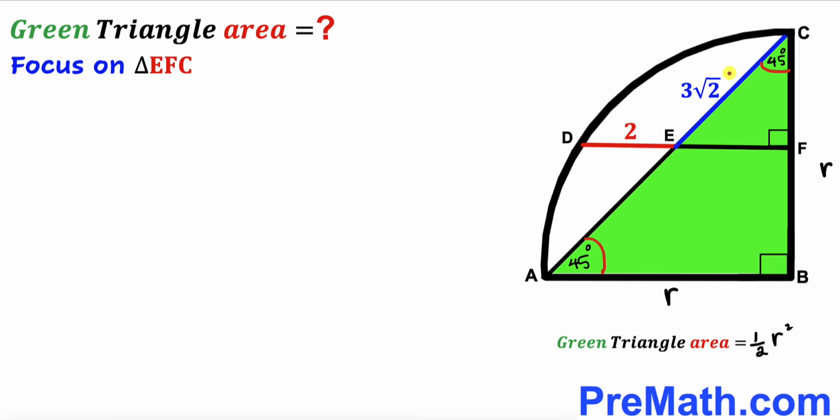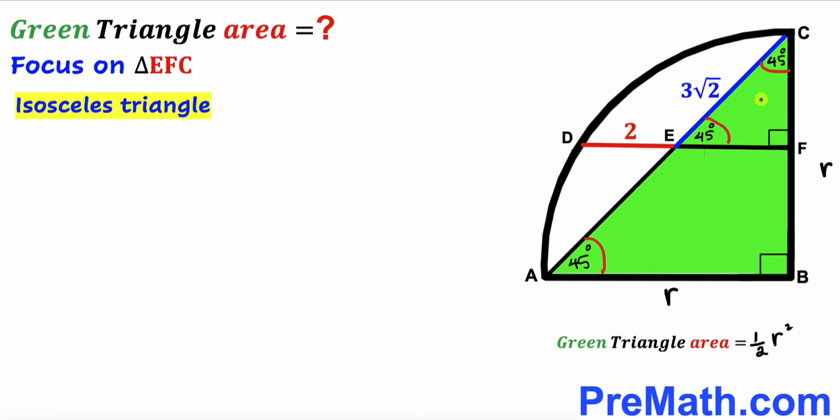And now we are going to focus on this tiny right triangle EFC. Let's make an observation. We can see this angle is 90 degrees. This angle is 45 degrees. So no wonder this angle has got to be 45 degrees as well.